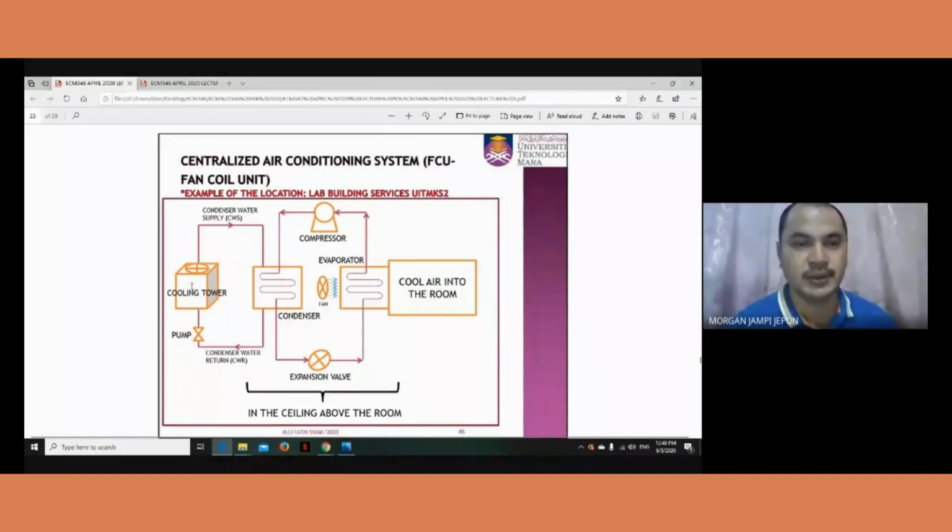Okay, so cool water from the cooling tower, we pump it through the pipe from the ground floor into the top of the building, into the BS lab, and finally it goes into this condenser to cool it down. And the warm water from this condenser will be pumped through the pipe back to the cooling tower.